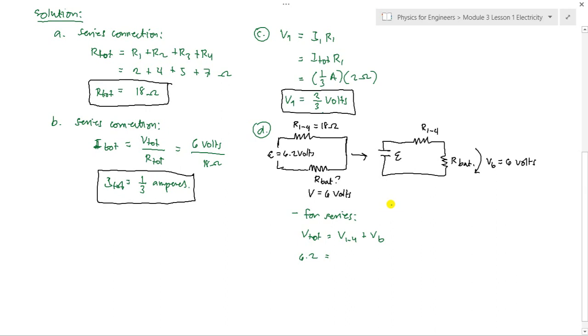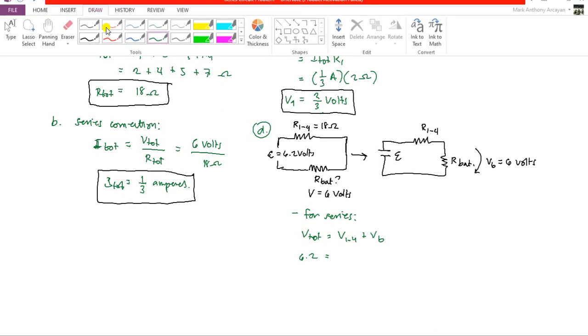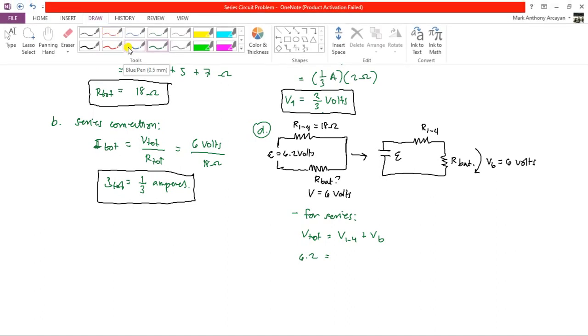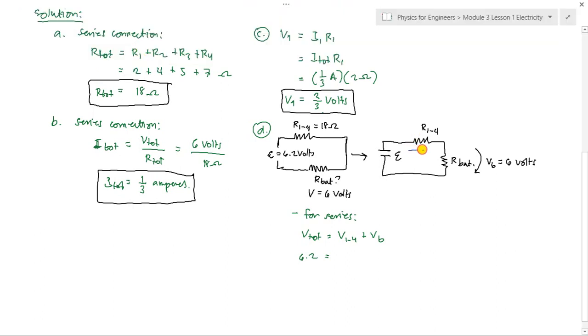But we all know that the current here is given, the circled current, I total, is equal to 1/3 ampere.